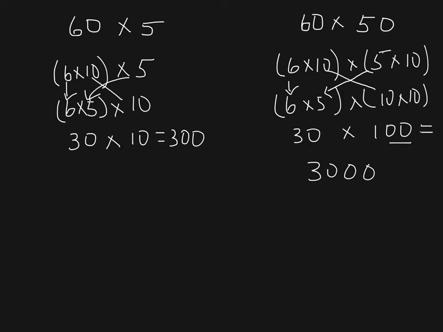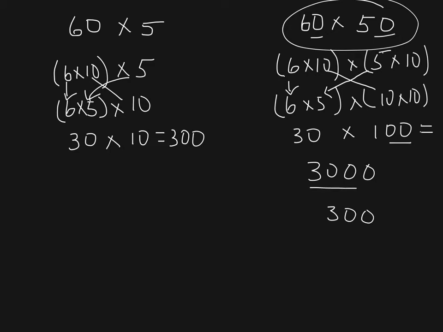Now here's something I'd like to point out to you. A lot of times kids will look at a problem like this and say, oh, 6 times 5 is 30, and there's 2 zeros here, so my answer has to have 2 zeros, and they come up with 300. But the answer is not 300.